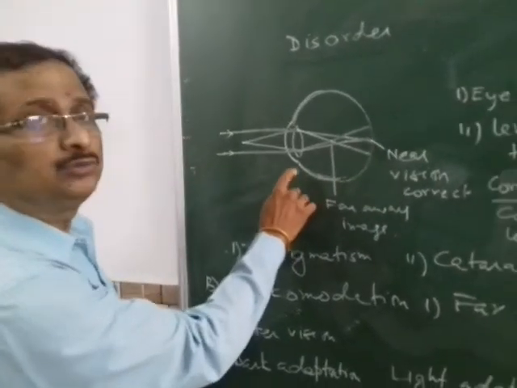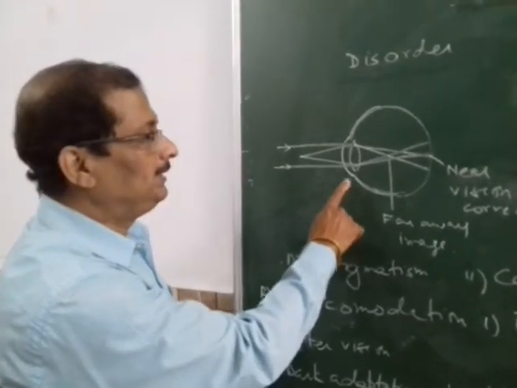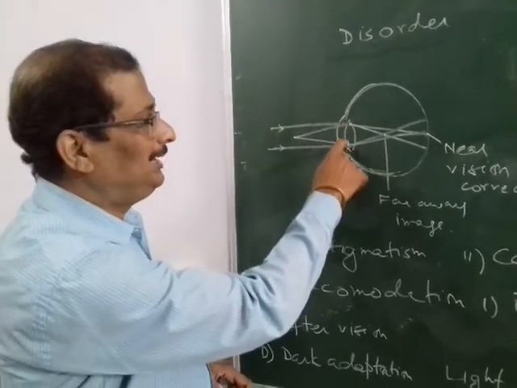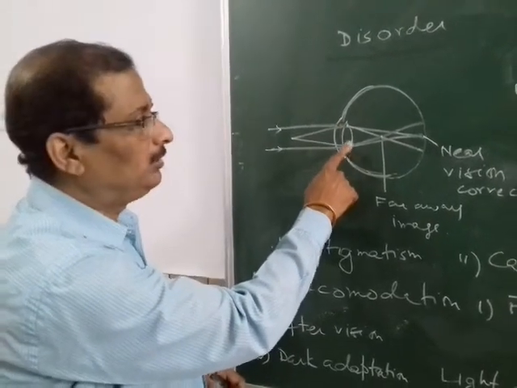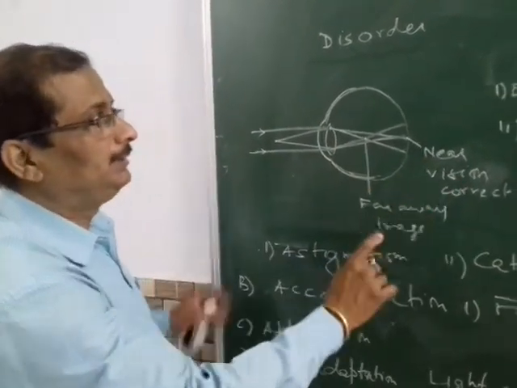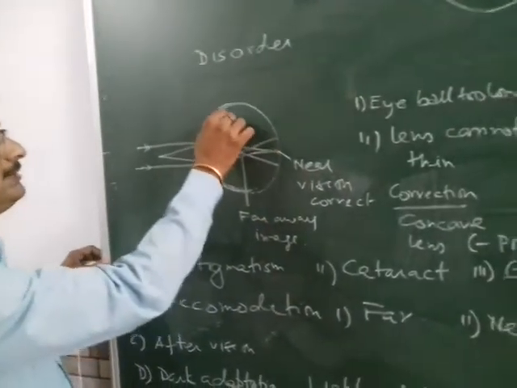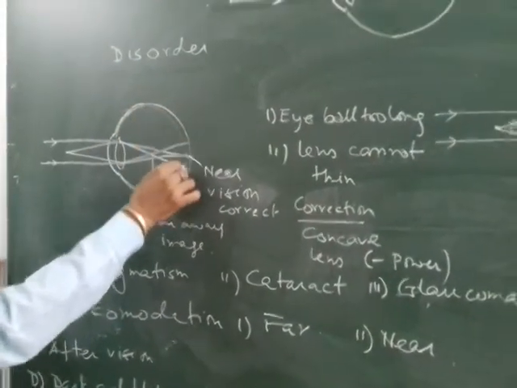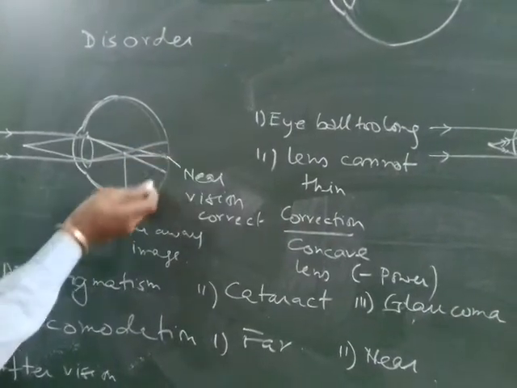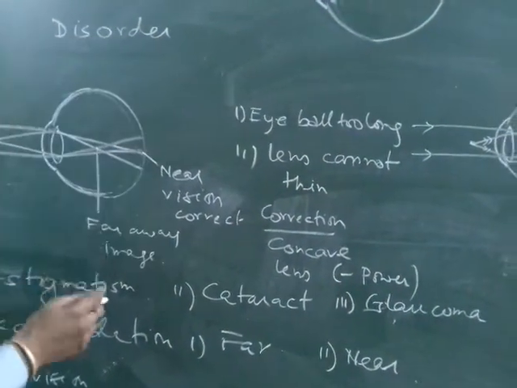This happens mostly in young children. In young children, the lens cannot thin properly, or the eyeball is too long. That means, suppose the normal eyeball is like this, the eyeball lengthens by flattening from top to bottom.